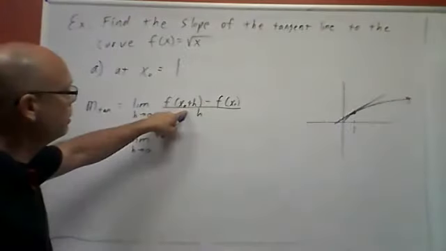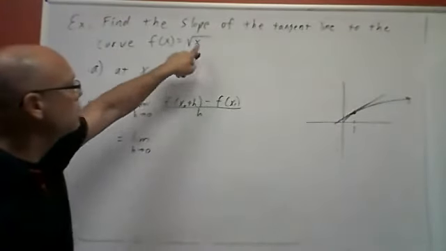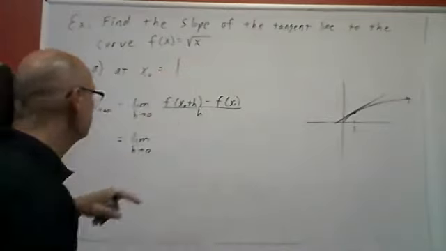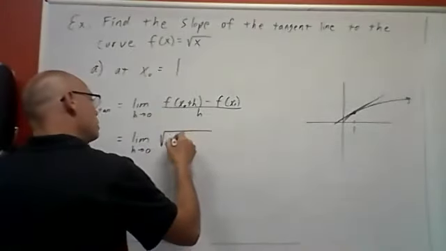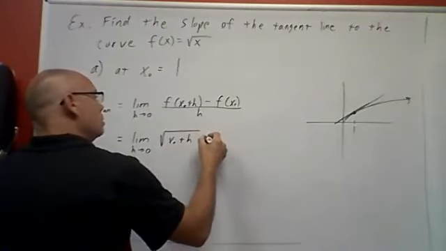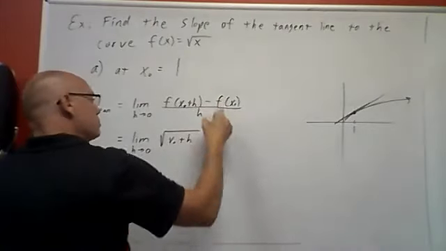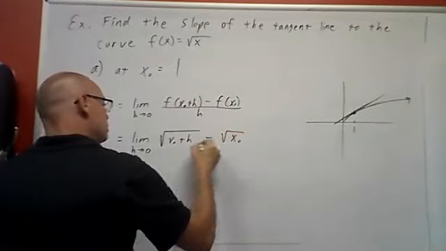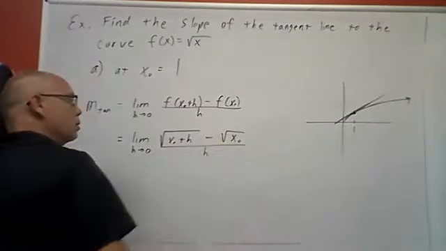This means evaluate my function at x naught plus h. So I'm going to put in x naught plus h here. Square root of x naught plus h minus f at x naught. So I have the square root of x naught, all over h.